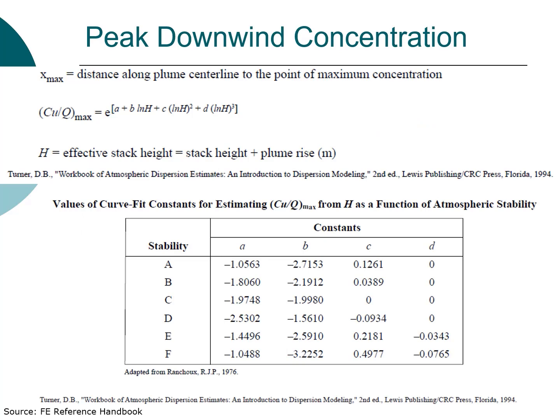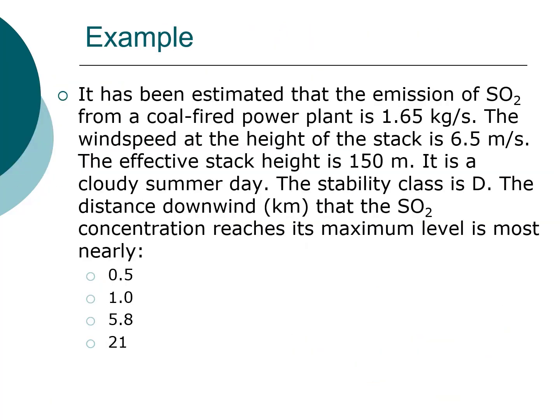You're also given an equation that you can use to calculate the ratio of C times U divided by Q max and the parameters that you need for that equation. But for the most part, I would suggest just using the graph that has been provided.